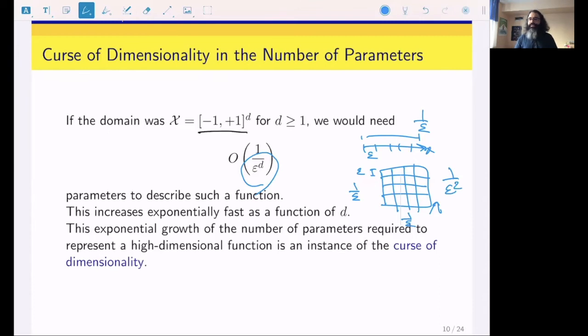The problem is the number of regions grows very fast as dimension increases, right? So for example, if we partitioned each side of this region, say with 10 different regions along each axis, okay, so maybe make it easier.